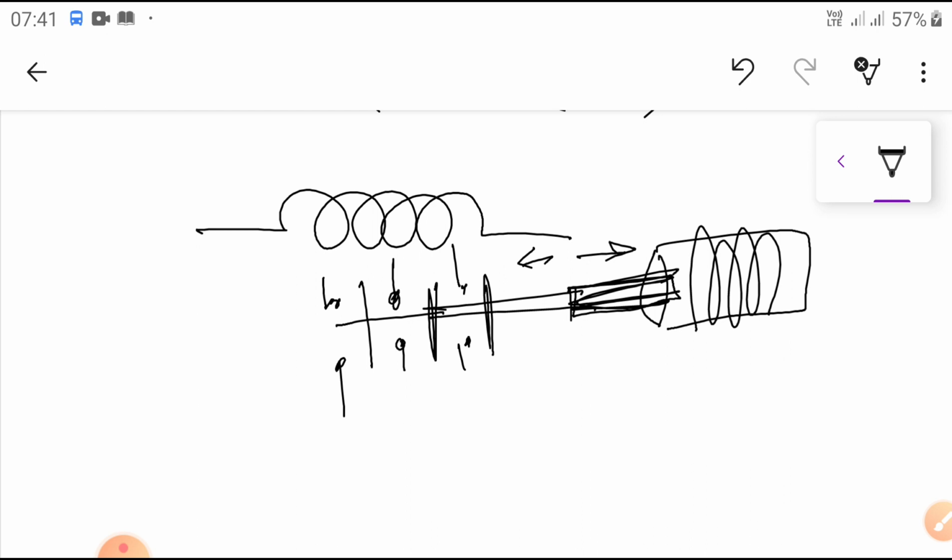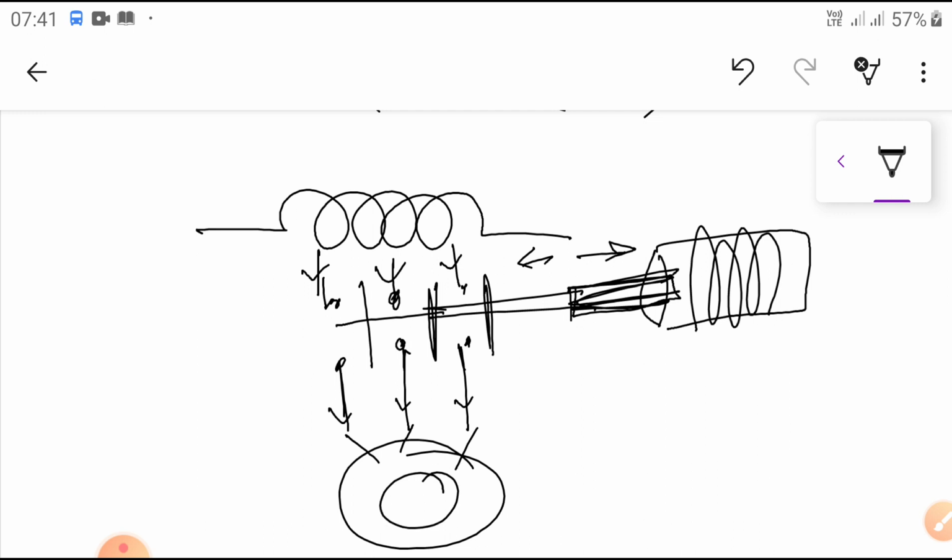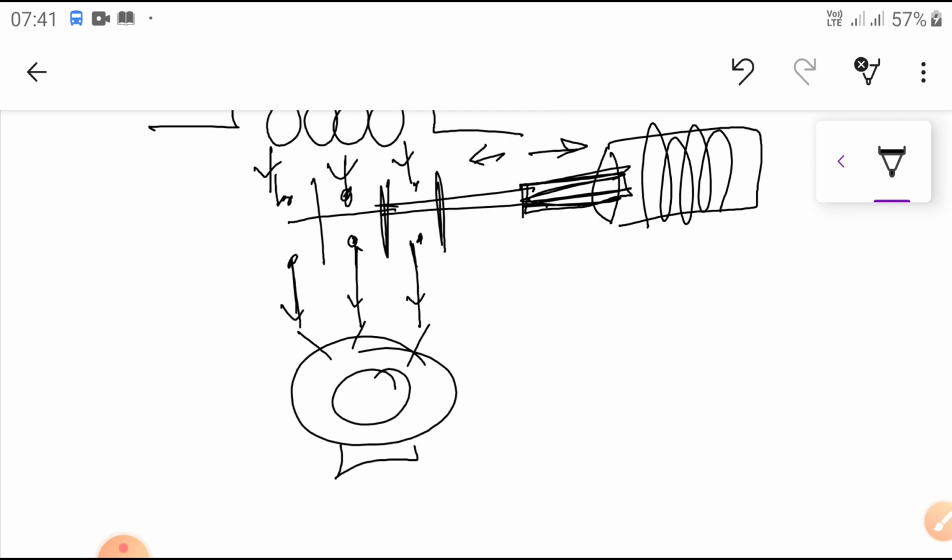For example, take a 3-phase supply. Whatever input is given here does not go to the motor side. Here is the motor connection. If it is connected like this, all the terminals are open. Under normal condition, you can take this direction only.